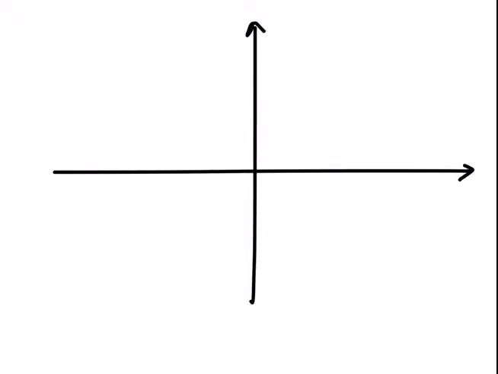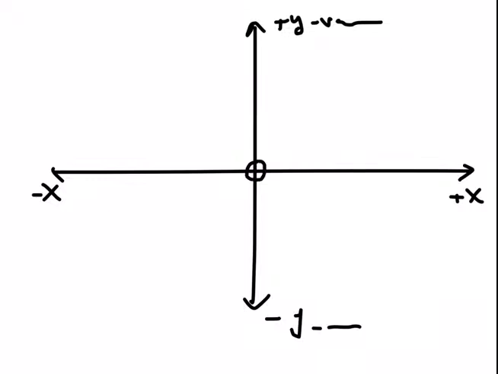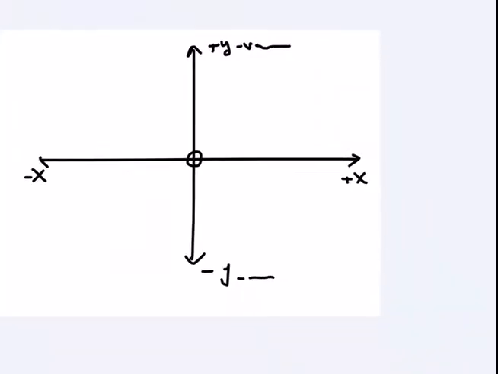Obviously we know that here we have the positive y values, here the negative y values, here the positive x values, and here the negative x values, with the center being the origin, being 0 there. So let's see.